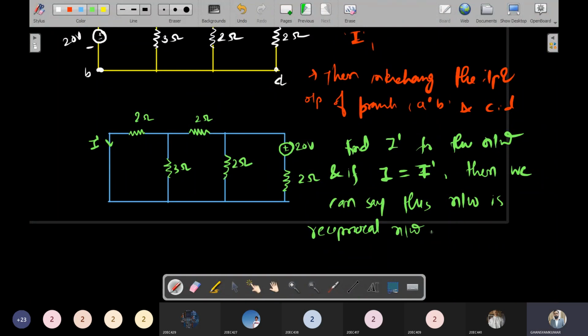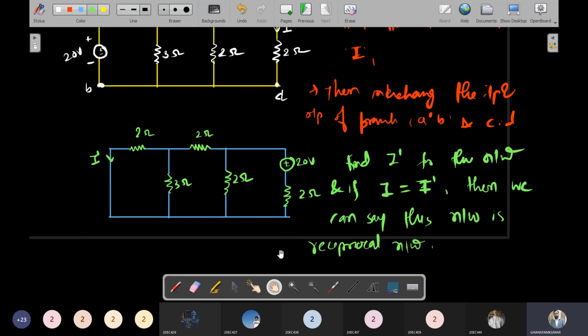Okay, so you can apply the concept of loop analysis. You find the value of I and you find the value of I dash. If both the values of current are equal after interchanging, you can definitely say this network is a reciprocal network. Anyone having any doubt in this? This part I am giving you as homework.